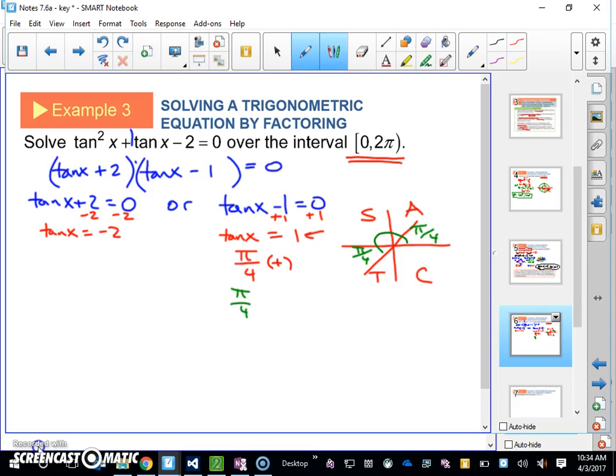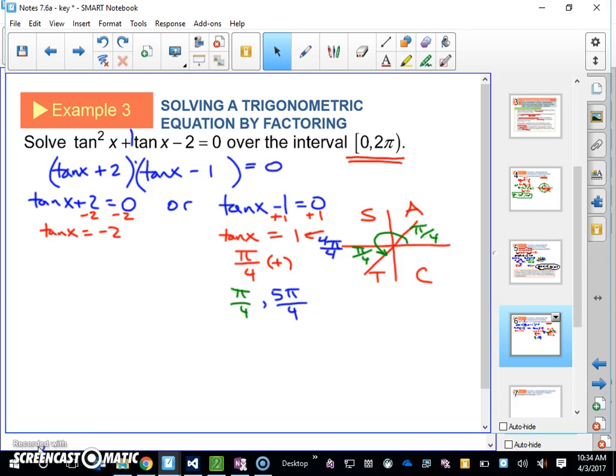The third quadrant, remember how this works, halfway around is pi. To get a common denominator, we'll call that 4 pi over 4. And so that third quadrant angle is pi over 4 past 4 pi over 4. That'd be 5 pi over 4.